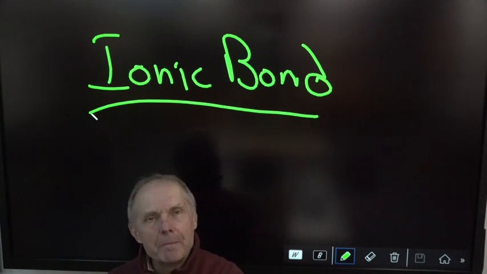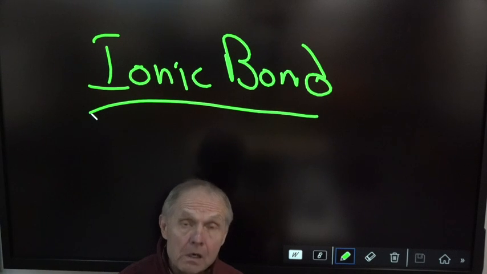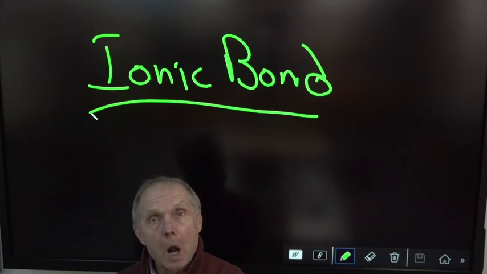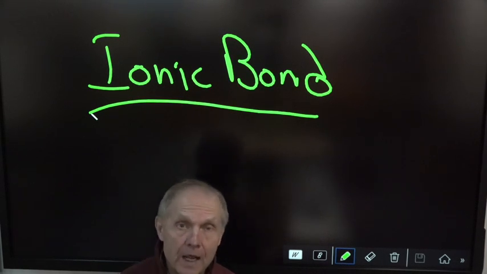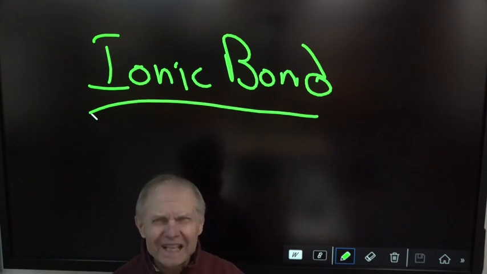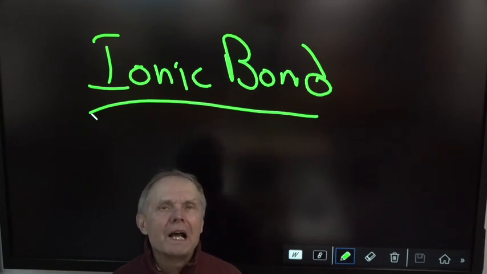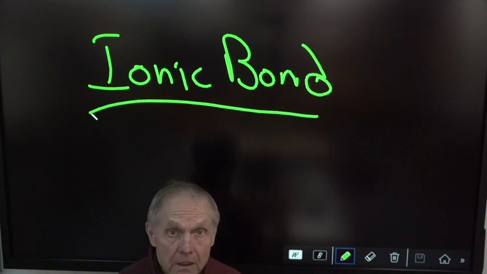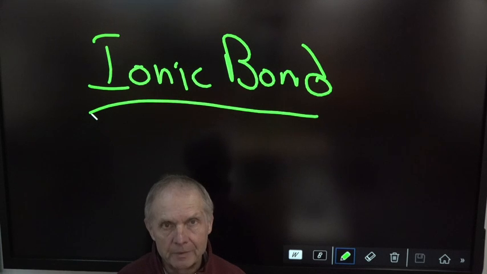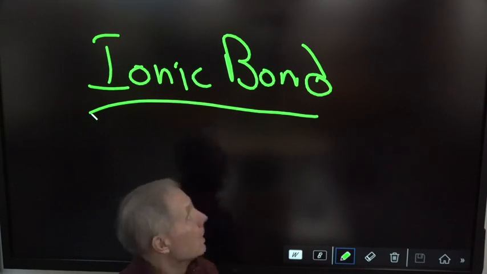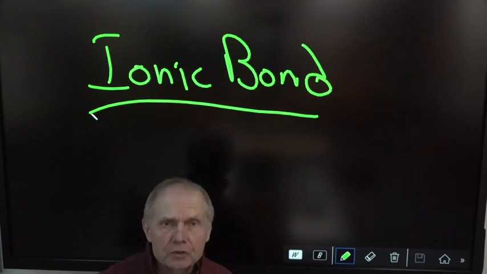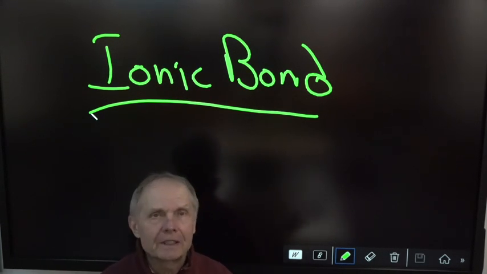So it can be a metal to a nonmetal, a metal to a polyatomic ion, or a metallic hydride, which means group 1 or 2 metals bonded to hydrogen. That's it. So if it doesn't have a metal in it, it's not ionic. There are some exceptions, but we're not going to talk about them in high school chemistry. So, ionic bond: metal hooked to something else. Total transfer. They're not sharing, all right?